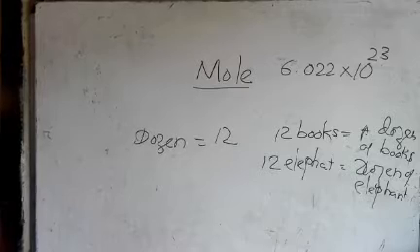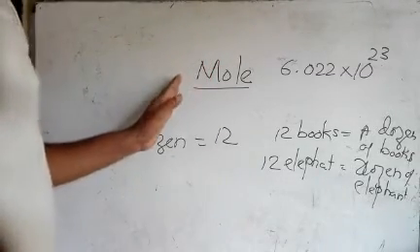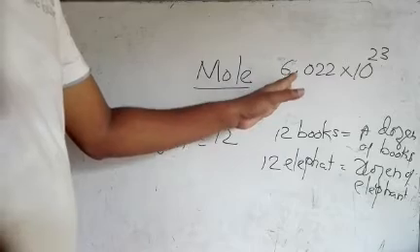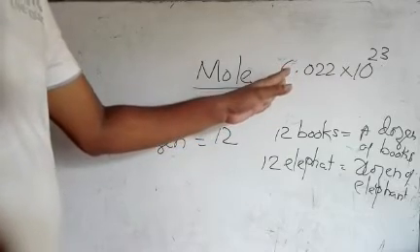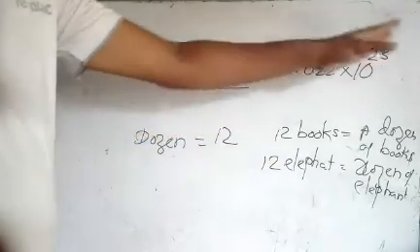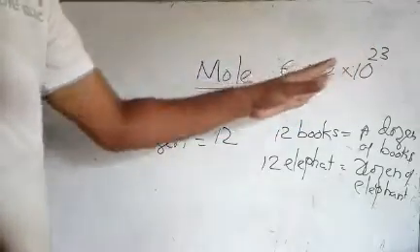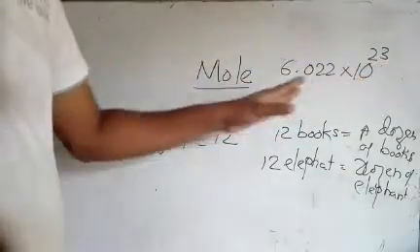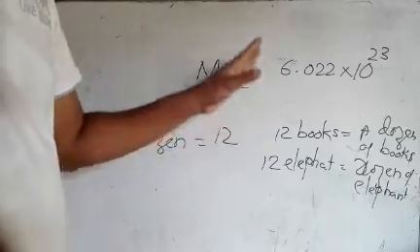Whatever the object is, it doesn't matter. It indicates 12. It's like that, one mole indicates this number of things. It's a very huge number, which is known as the Avogadro constant also.